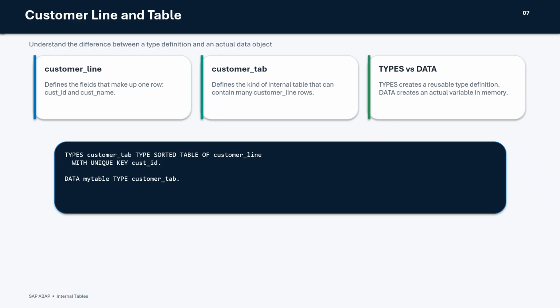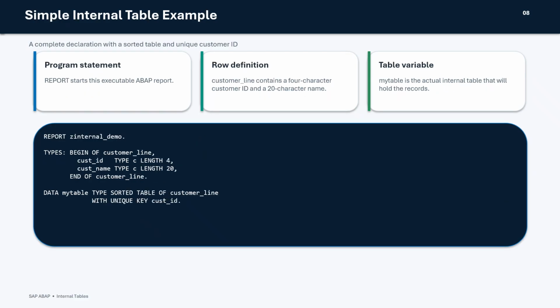So the first step defines the structure, the second defines the table type, and the third creates the actual table variable.